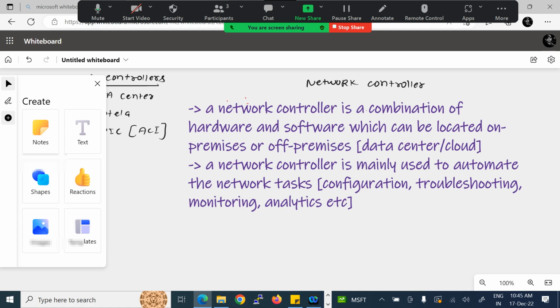Must be flexible, like a class. If you're flexible with this timing, we can do it. If you're flexible with other timing, we have to compromise and change the timing, right? So flexibility is the best thing in the network as well. That's why we have flexibility in network controller deployment. I can deploy my controller on my own network, but I can also deploy it off premises, in the data center or in the cloud.